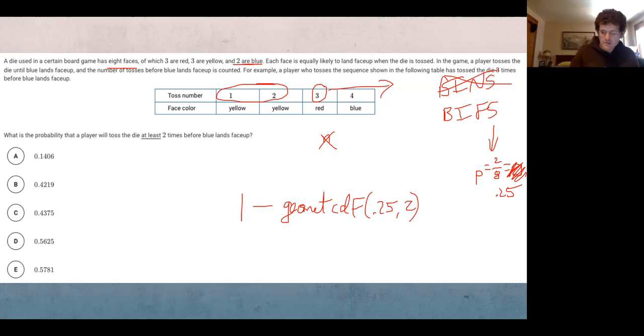And I got 56.25%, 0.5625 when I did that. And there it is. That seems correct to me.